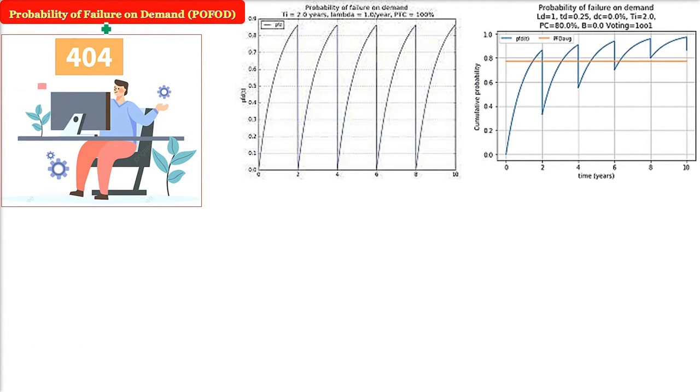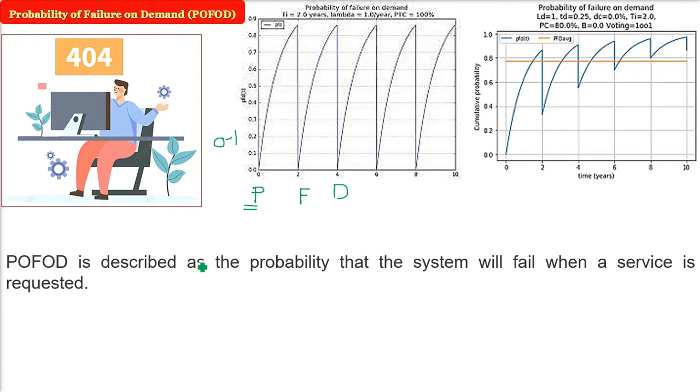POFOD, probability of failure on demand. Probability means the value will be between 0 and 1. It is the probability that whenever we demand, require, or expect a certain function from the software, it fails to provide it.